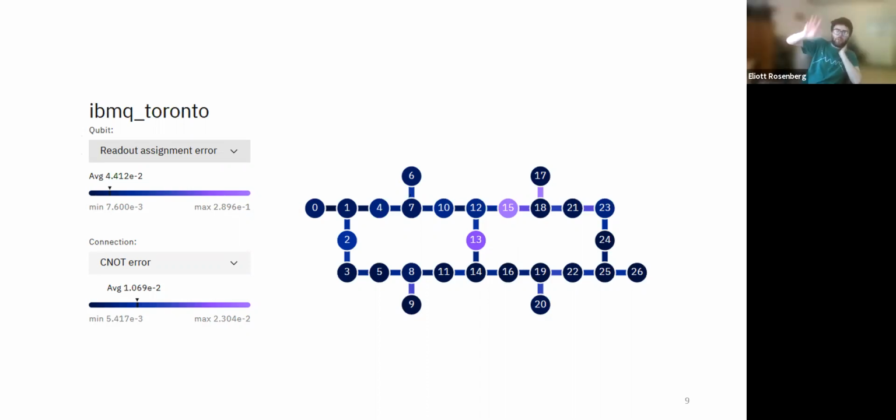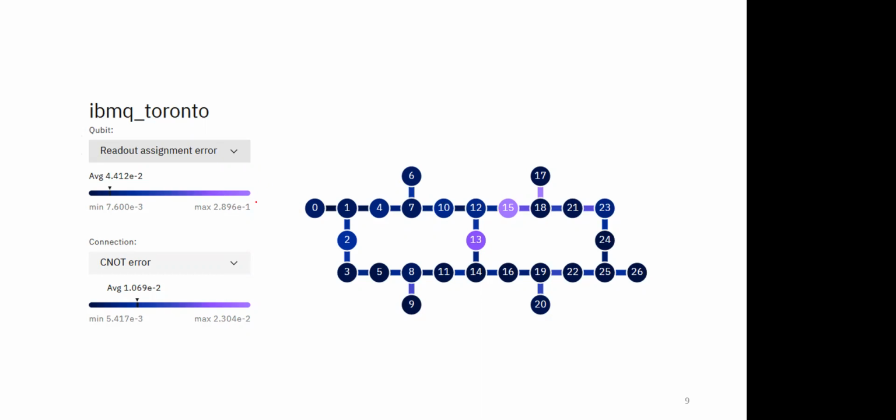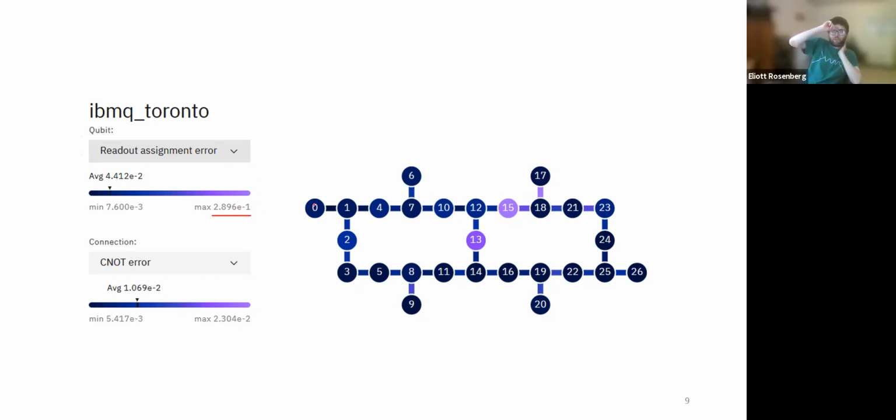But for these transmon quantum computers, the readout error rates are very high. You can see that here, the max we have is like 28% readout error. And more typical readout errors are like 5% or so, which is still very high.